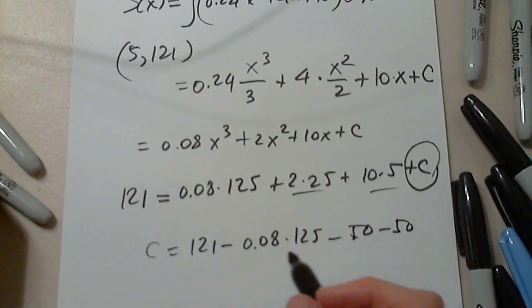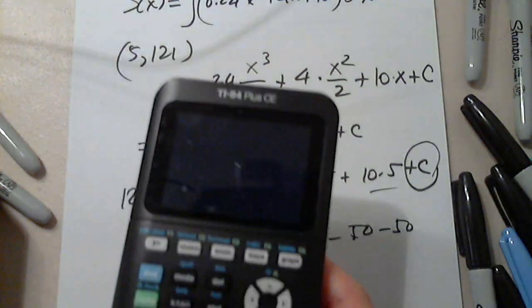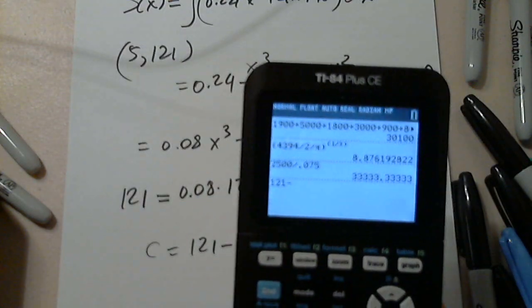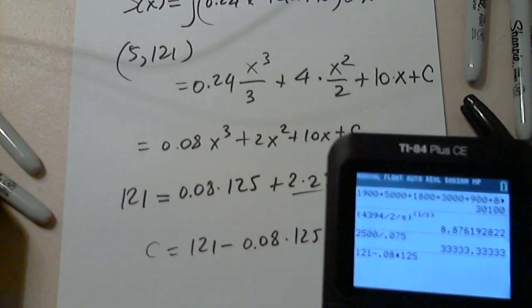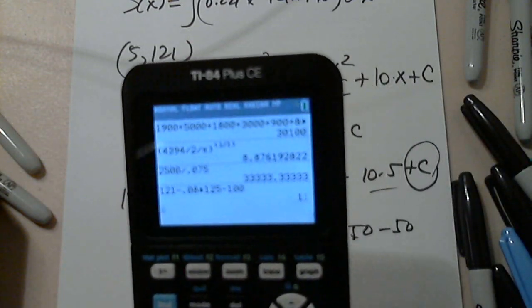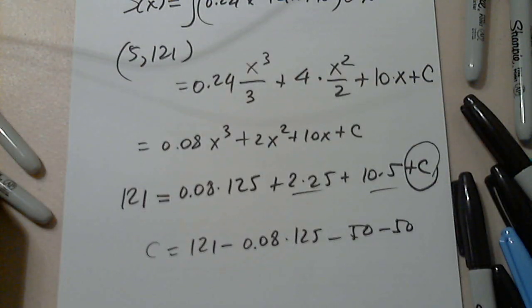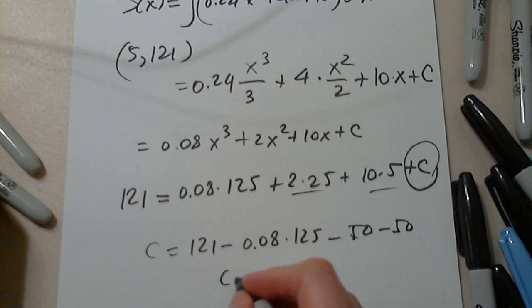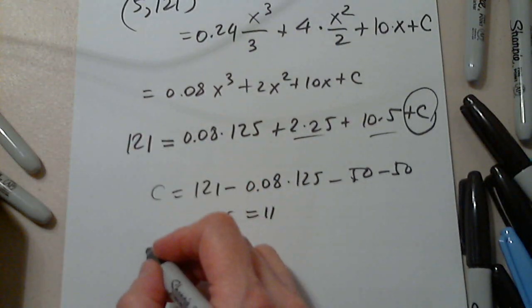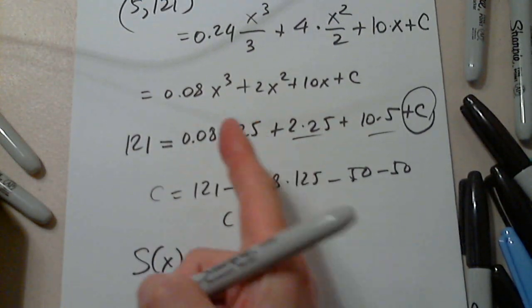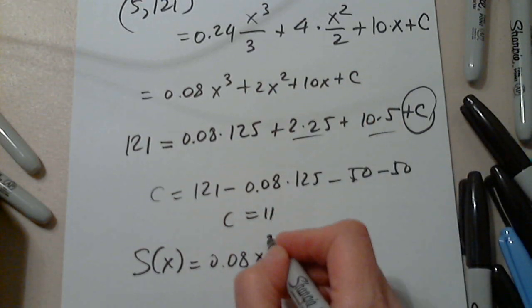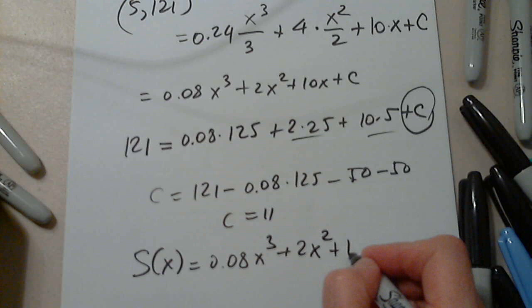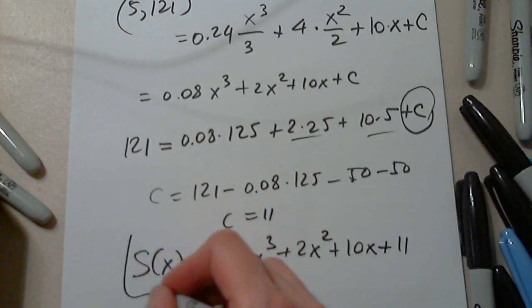So what do I get? 121 minus 0.08 times 125 and minus 100. So I got 11. C equals 11. So therefore the function s of x equals 0.08x cubed plus 2x squared plus 10x plus 11.